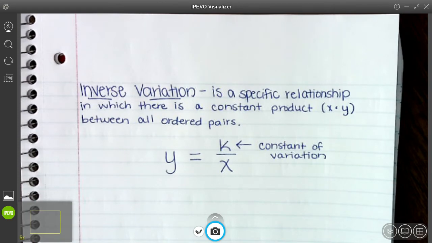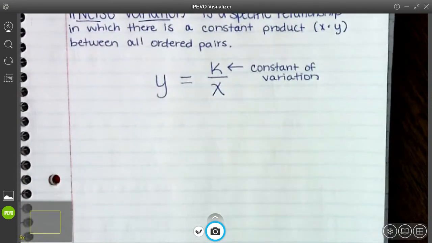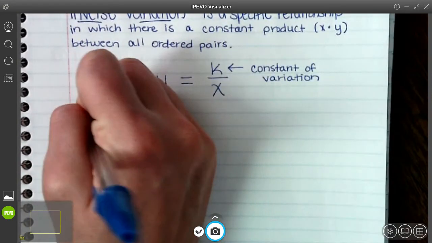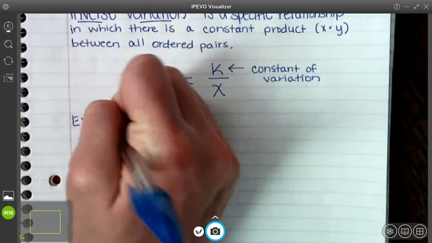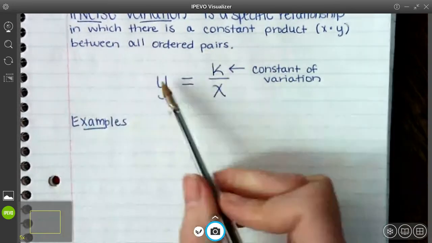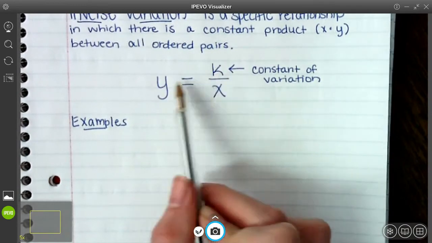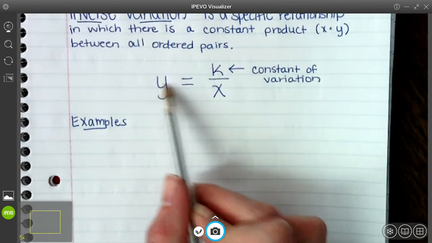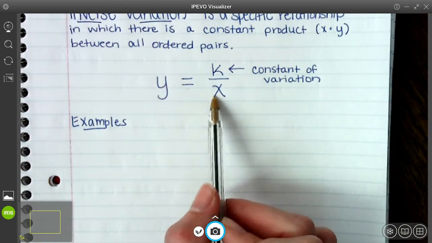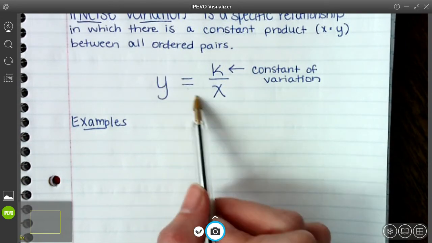Is anybody still writing that? Finishing it up. All right, so on inverse variation, if you look at the equation that I wrote up there, we have y equals k over x. So the way that this k becomes a product is because we would multiply y times x to solve for k. So k equals y times x.